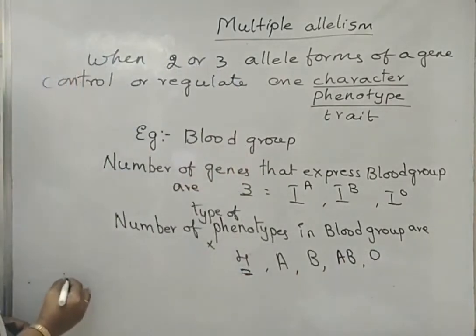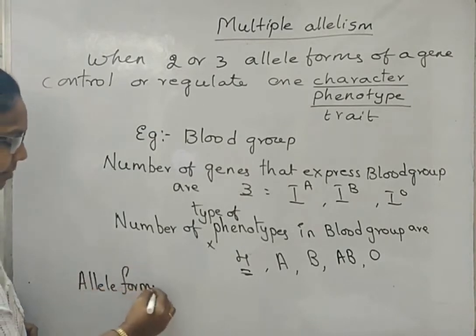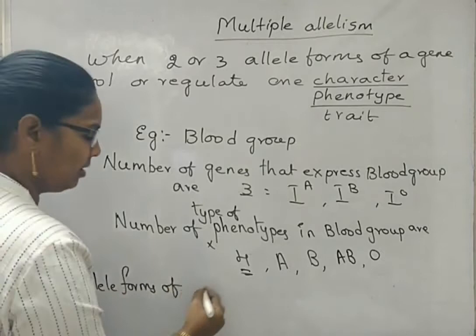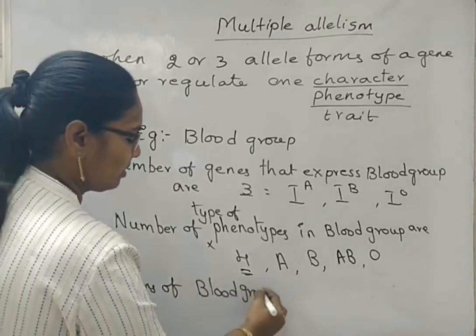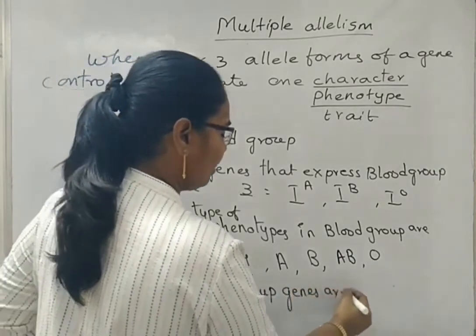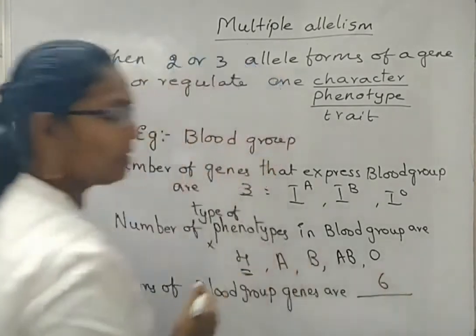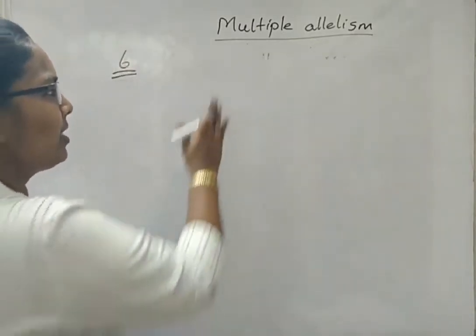Now, the allele forms of blood group genes are how many? Totally there are 6.